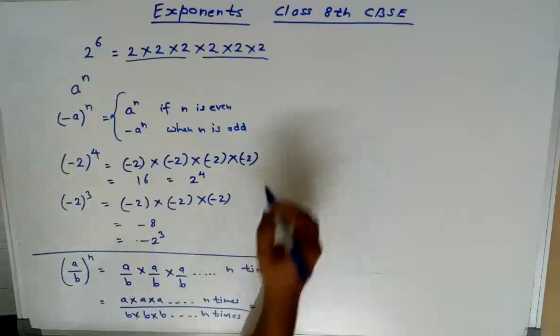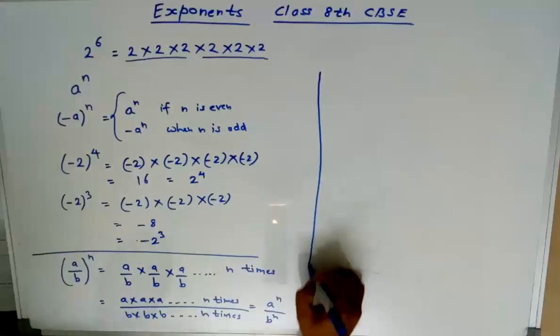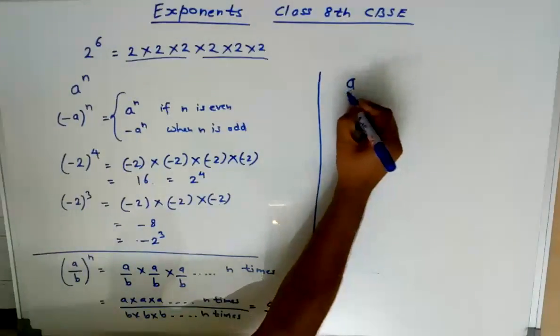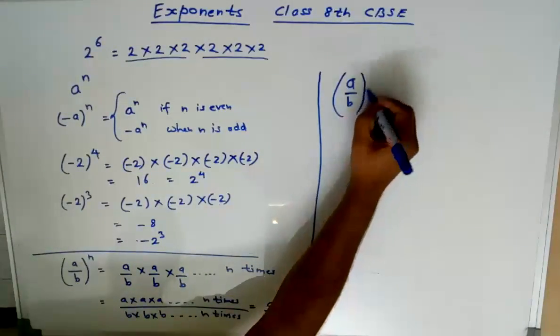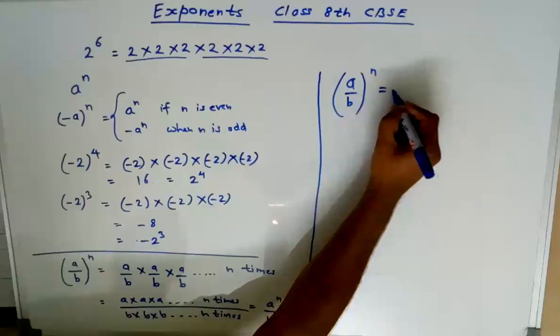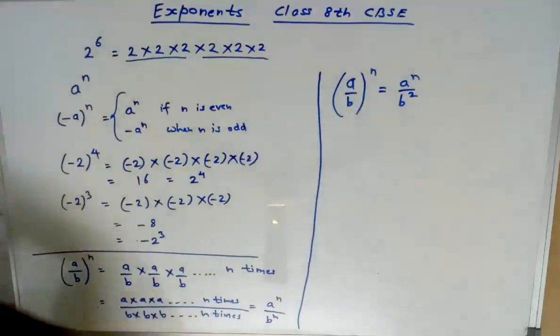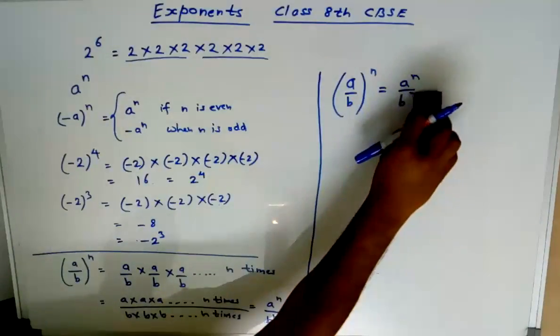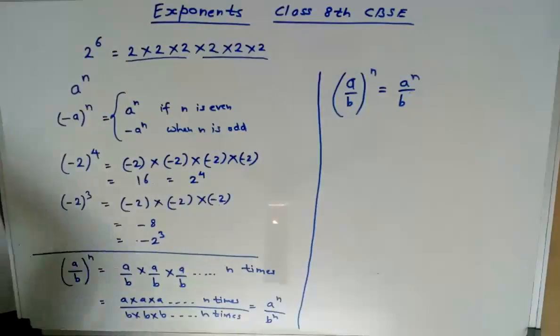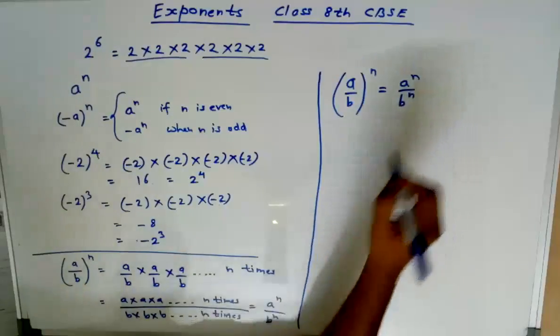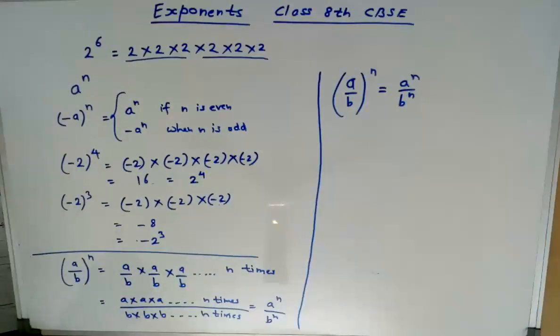So in general, we can say that a upon b raised to the power n is equal to a raised to the power n upon b raised to the power n. Now let us discuss some examples of it.